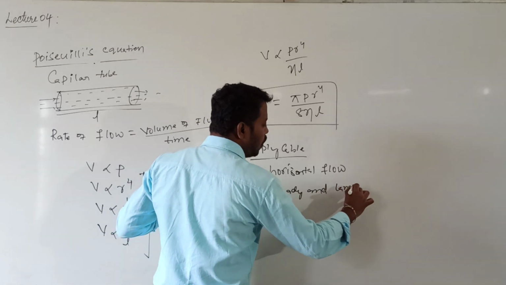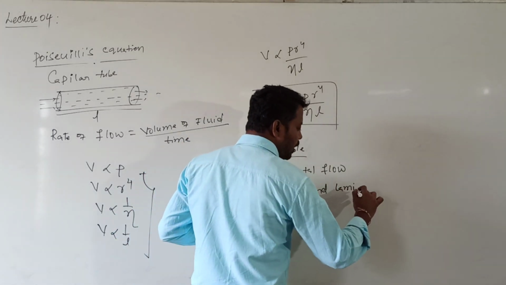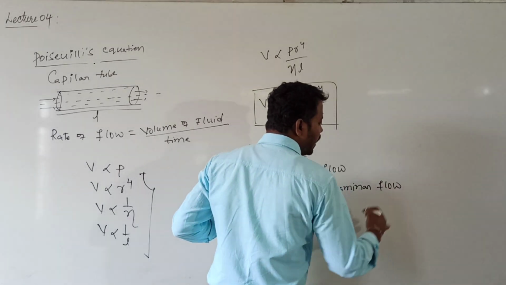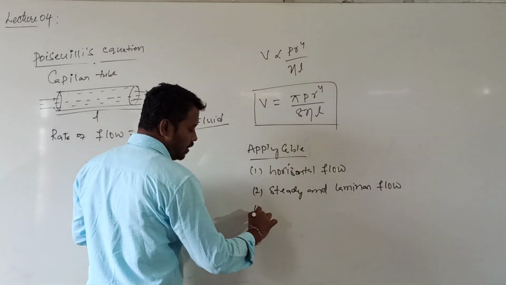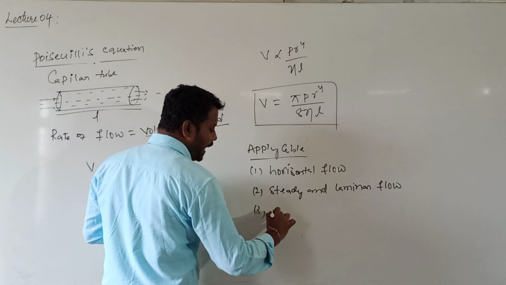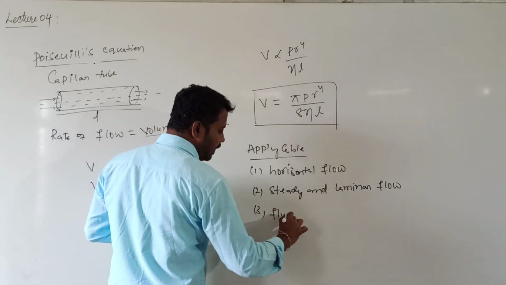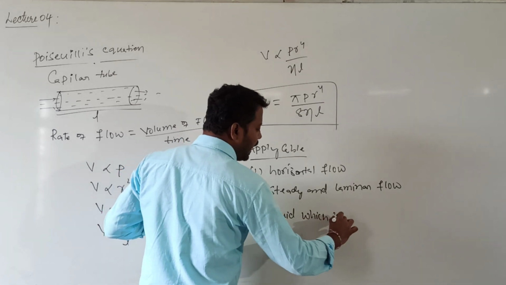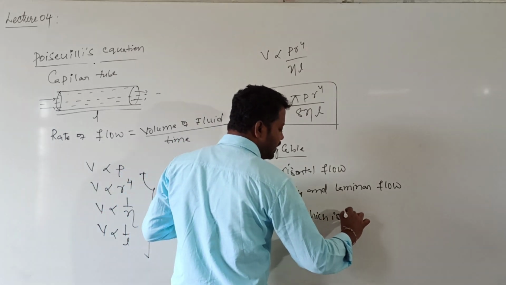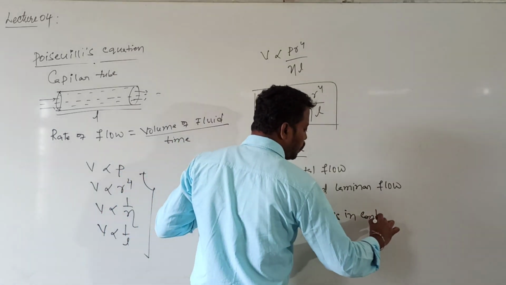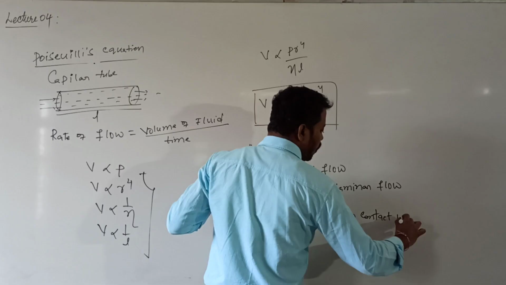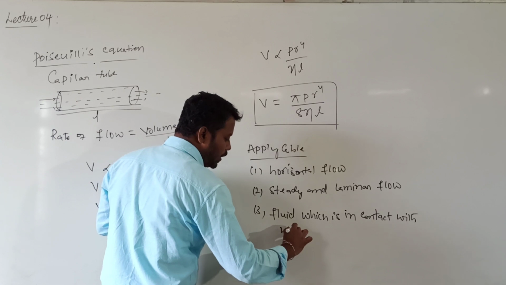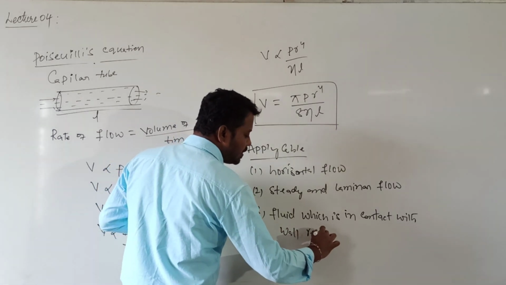Steady means the velocity at a given point will remain constant. It should be laminar flow. And the third important point is that the fluid which is in contact with the walls should be at a rest position.